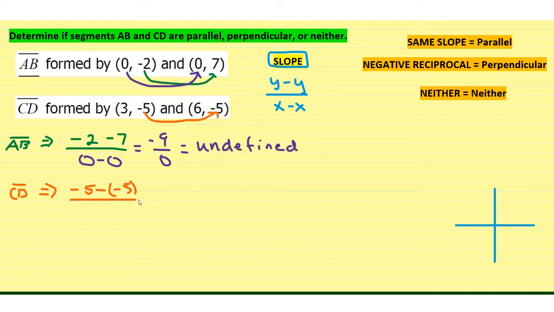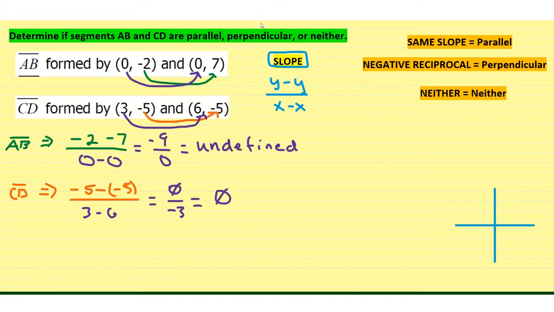And then in the denominator, we are going to have 3 minus 6. We use order of operations to continue solving that. So -5 minus -5, of course, the negatives cancel each other out. It's -5 plus 5, and that turns into 0. In the denominator, 3 minus 6 is -3, but 0 divided by anything is just 0.